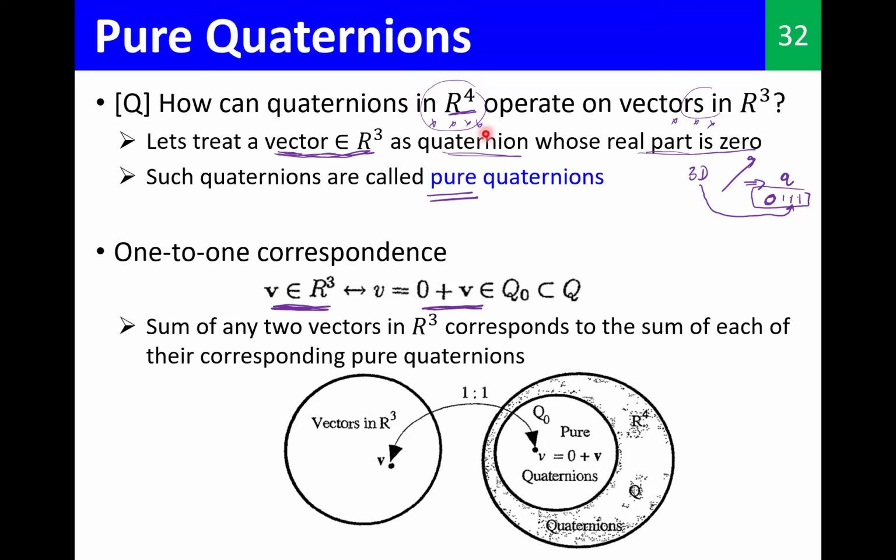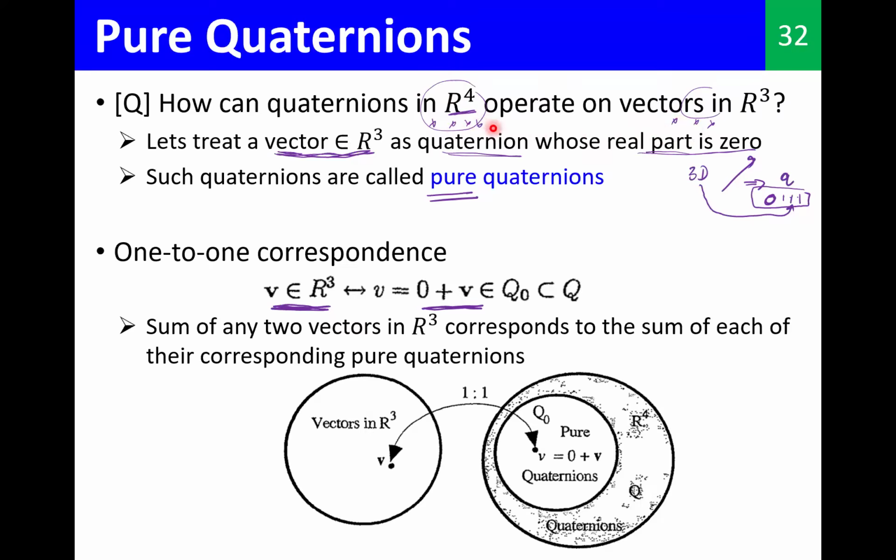But this is coming from a different domain, and this is coming from a different domain. This has 3 elements, this has 4 elements. So in order to apply these on the vector, let's make them similar, right?